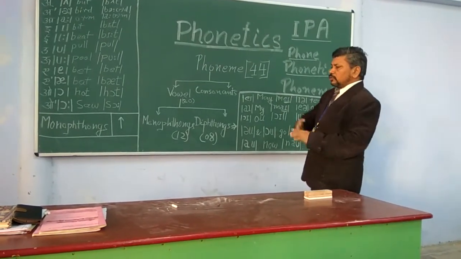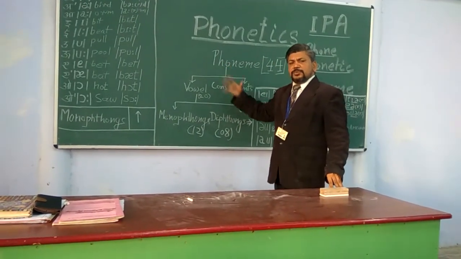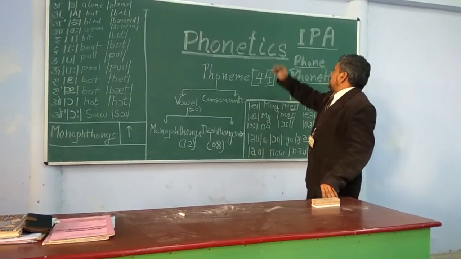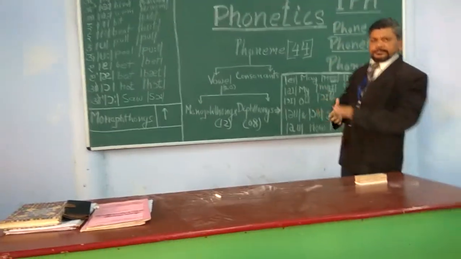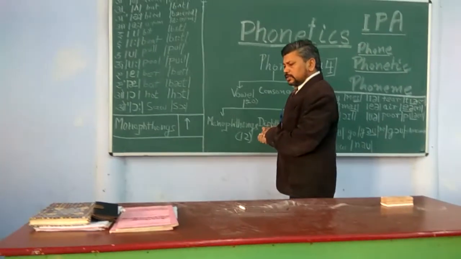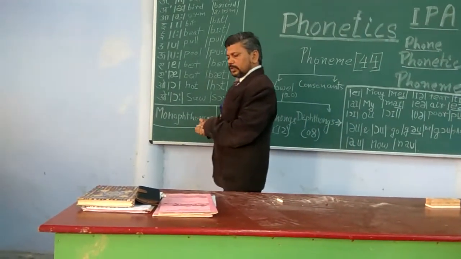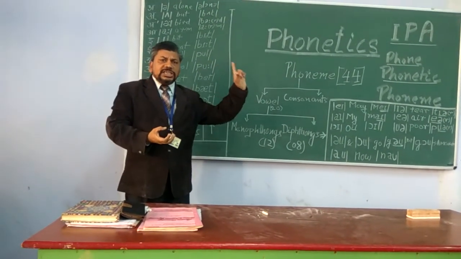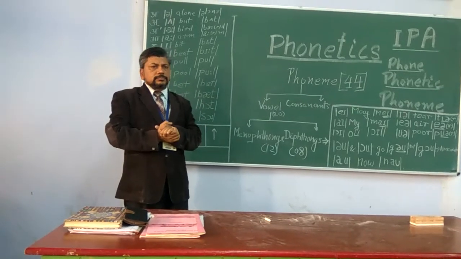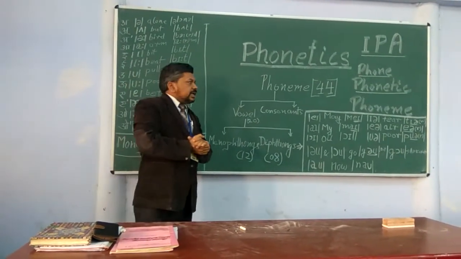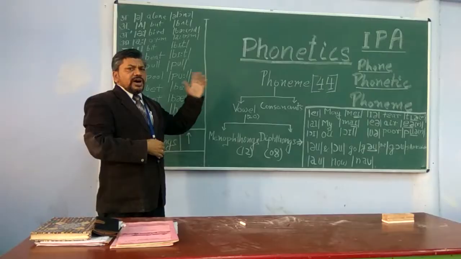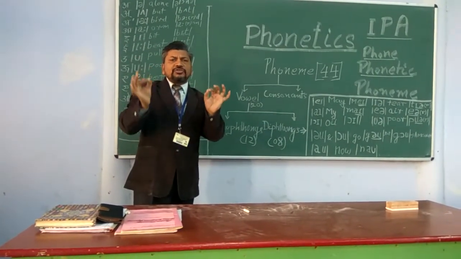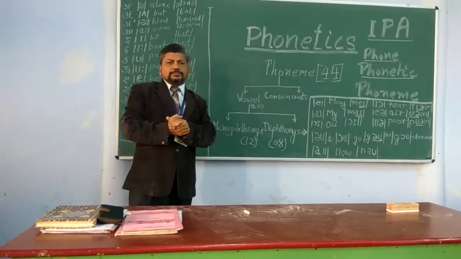Before going into a deep discussion of vowels and consonants, I would like to talk about IPA. What is this IPA? IPA is the International Phonetic Association, dedicated to identifying existing sounds of human speech.